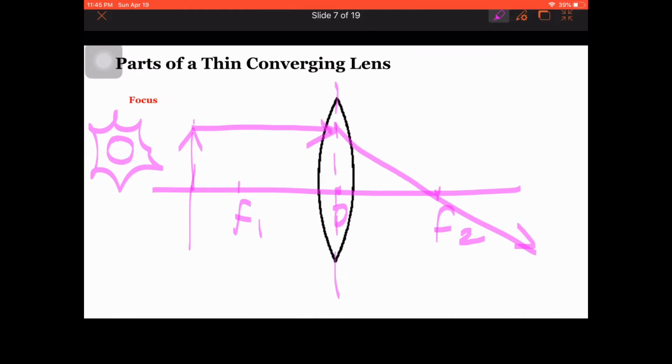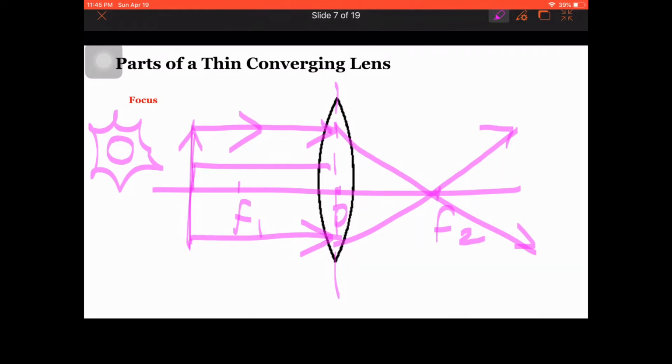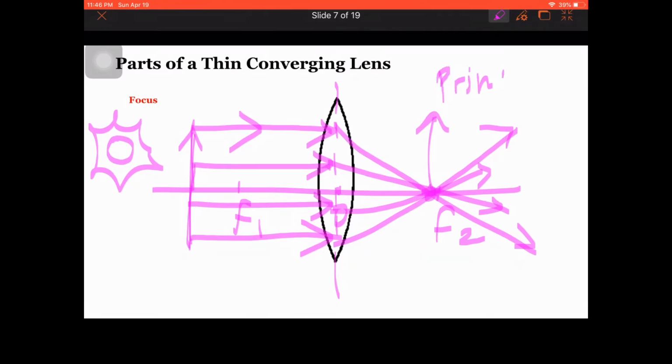So let's make our object bigger. All of the light rays coming from the object will be bent through the lens like this. So we have one point at which they will all meet together. So this is the principal focus in this case.